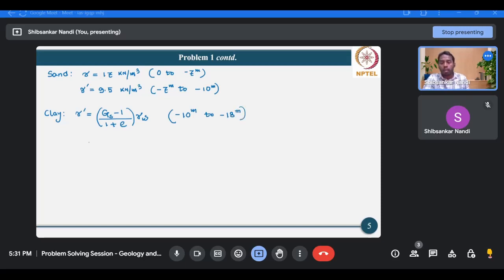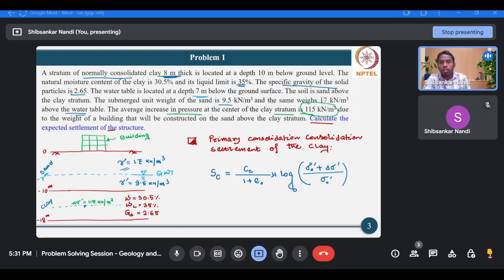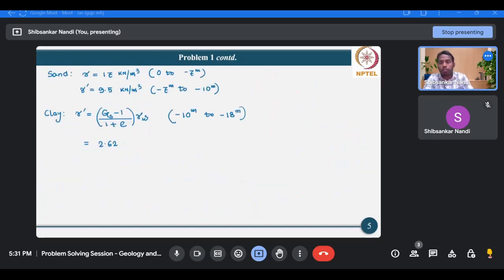Now what is the value of GS for clay? This is 2.65, minus 1, divided by 1 plus e. Now what is the value of e?